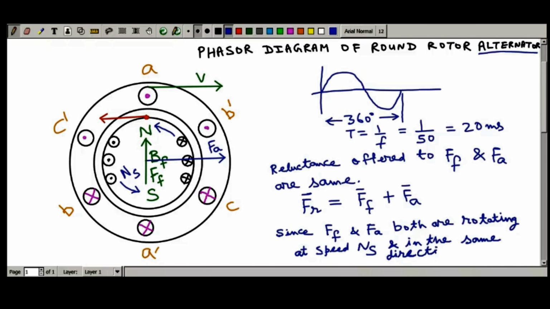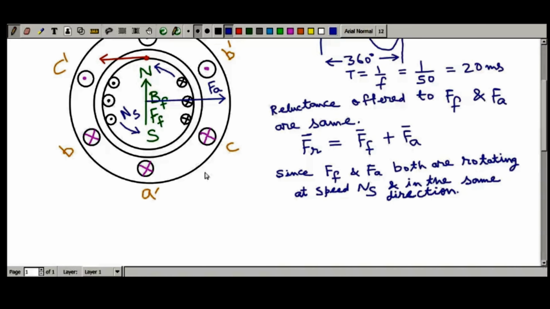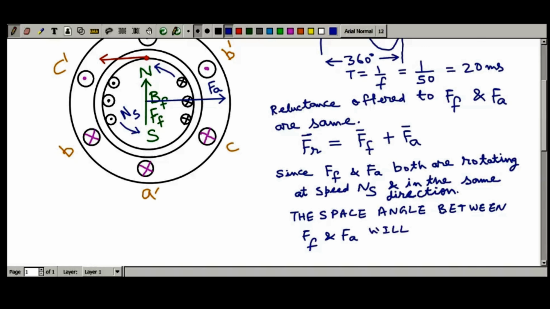We can surmise that the angle between FF and FA, the space angle, will not change. The space angle between FF and FA will remain constant.